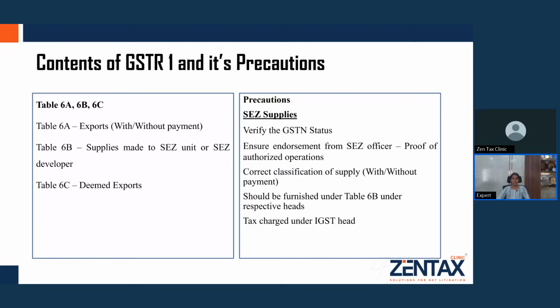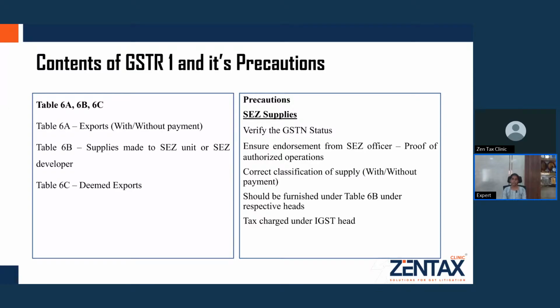In case of SEZ supplies, the first thing is to verify the GSTN status of the recipient, to ensure that such GSTN is registered under the SEZ zone. And ensure the endorsement from the SEZ officer, that is, proof of authorized operations. This is for the supplies made by the registered person to the SEZ unit or developer.